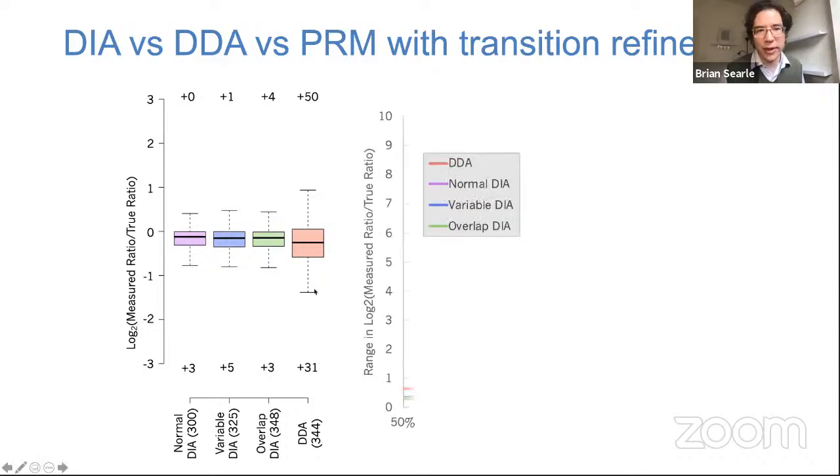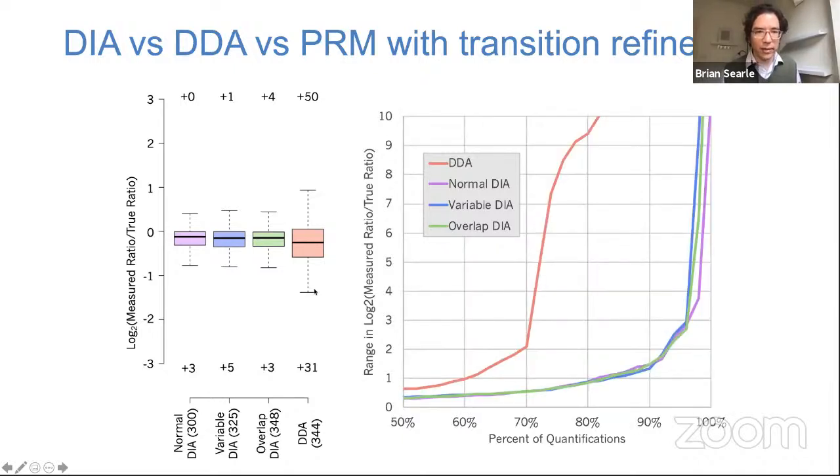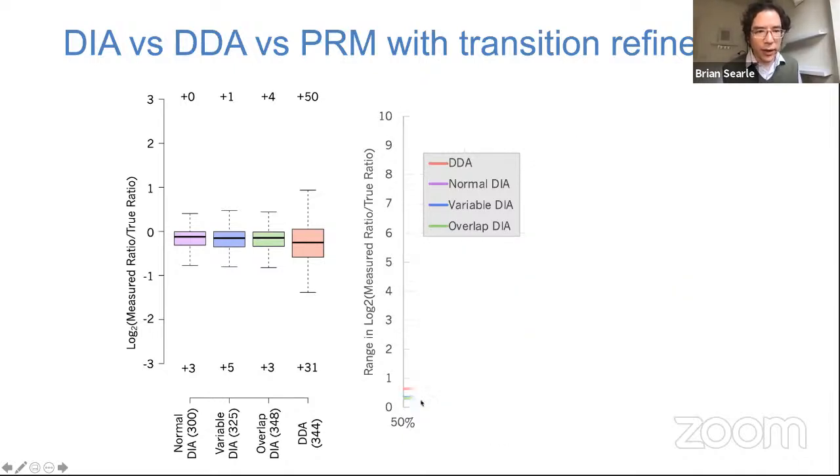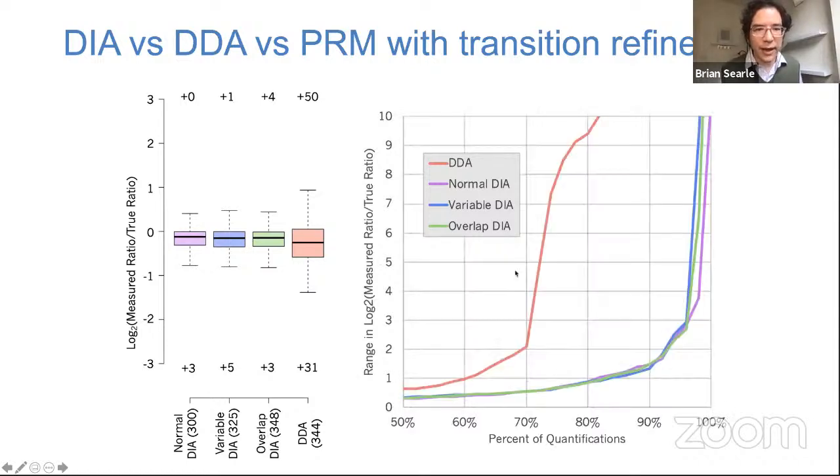If we look at the width of that box over time, we find that the DDA actually just tends to introduce a lot more noise into the measurements that we're making.